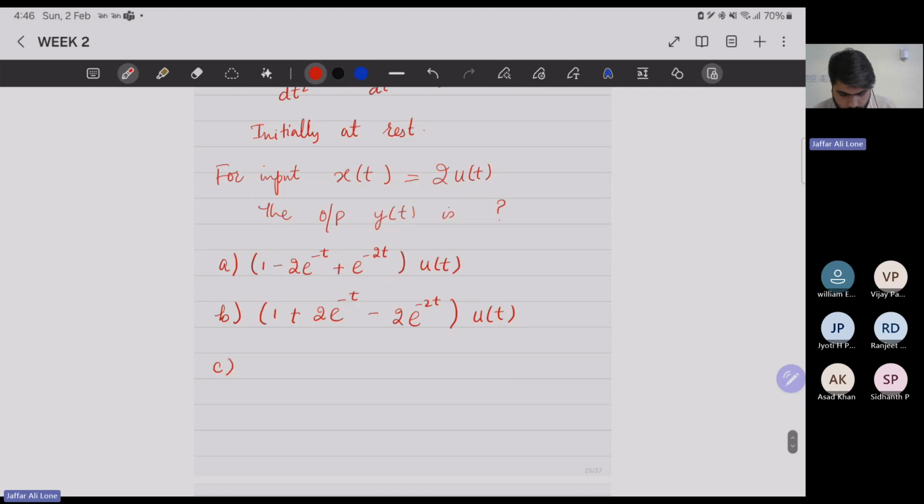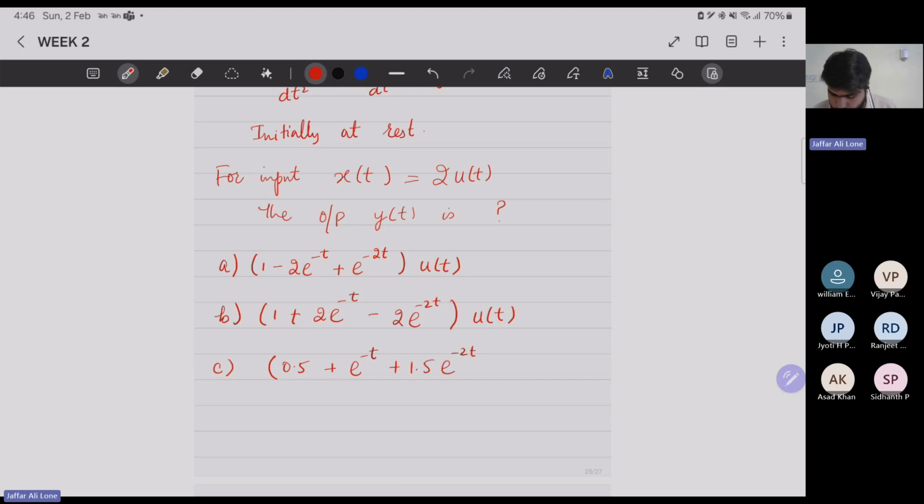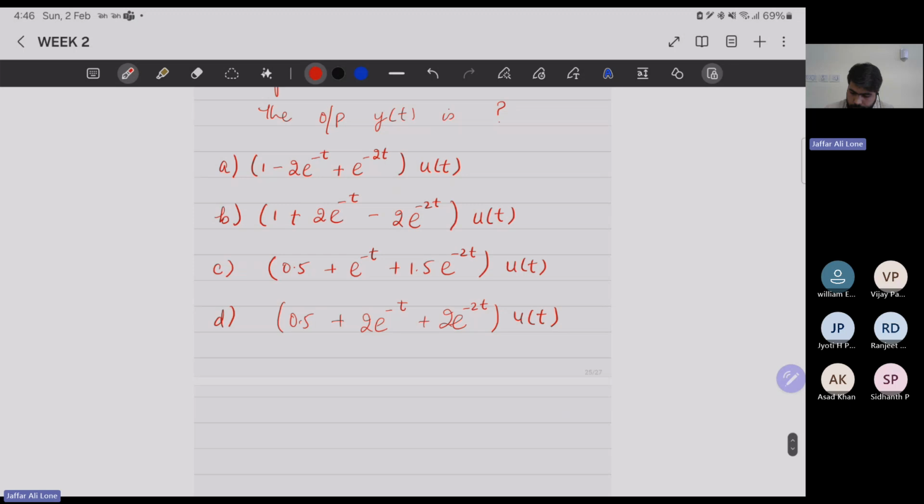Option C is 0.5 plus e^(-t) plus 1.5e^(-t), times u(t). And option D is 0.5 plus 2e^(-t), minus 2e^(-2t), times u(t). Yeah, these are the options.